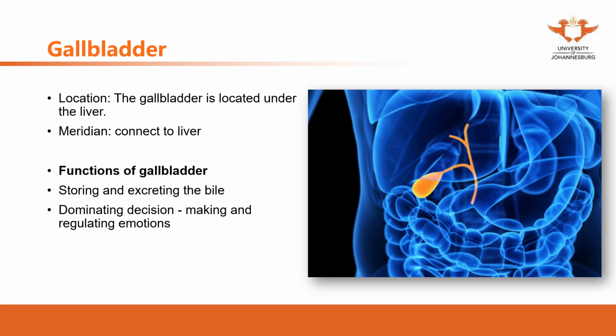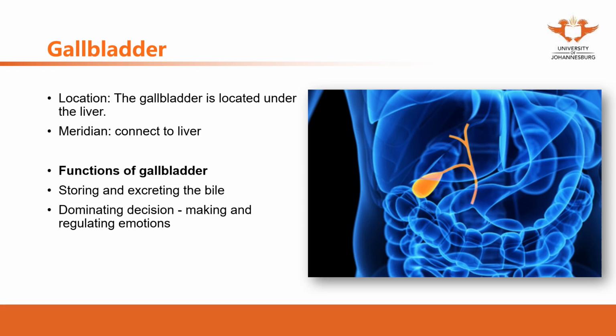The second function is dominating decisions. This function is actually quite confusing. Making a decision is a psychological or mental activity, but this activity is determined by the gallbladder.